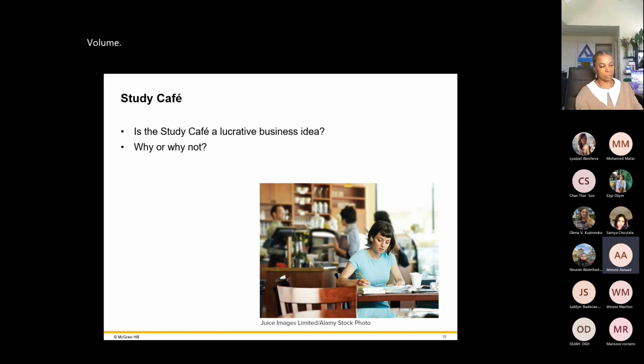There might be groups of students studying. So if I am a single person who wants to study alone in a quiet place, this wouldn't be a good place. Maybe if it is a group, then it will be more profitable. But a single person, I don't think so.